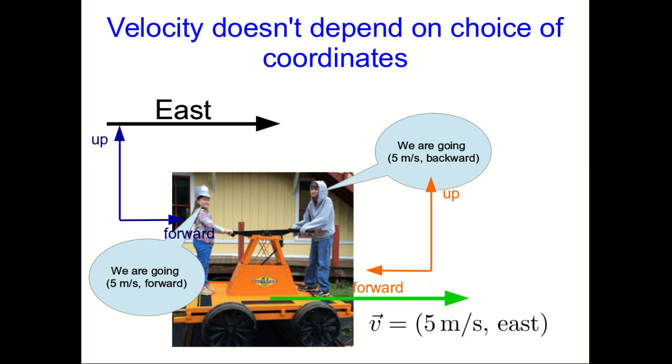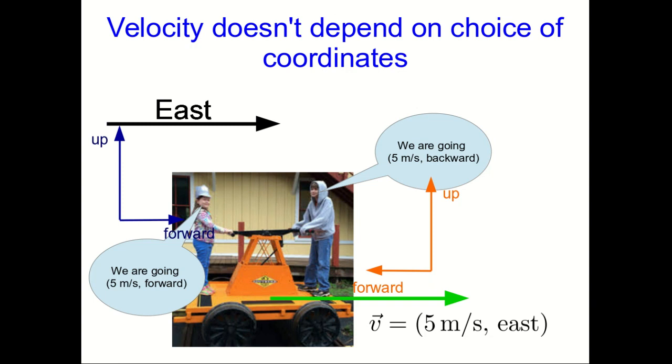That doesn't change the fact, though, that the velocity, no matter how you define your coordinates, is this green vector that points east. So the velocity vector, because it's determined from a displacement vector, which is coordinate independent, and a time interval, which is independent of when we define t to be 0, doesn't depend on our coordinates.